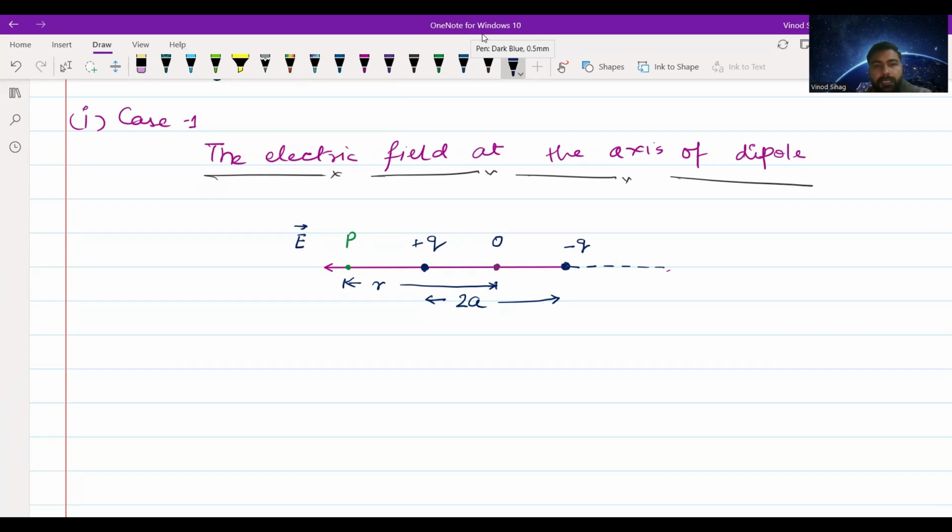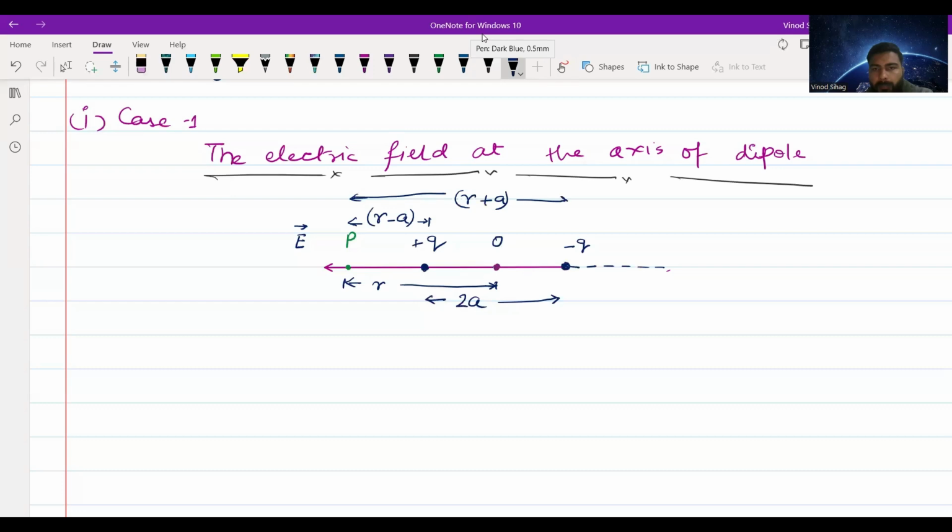Now the distance of the positive charge from point P is r minus a, and the distance of the negative charge is r plus a.